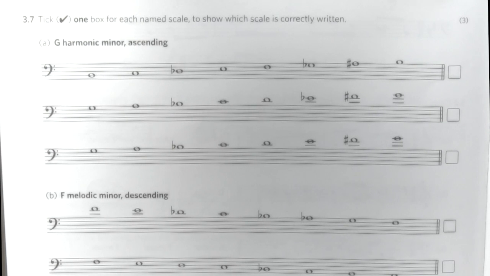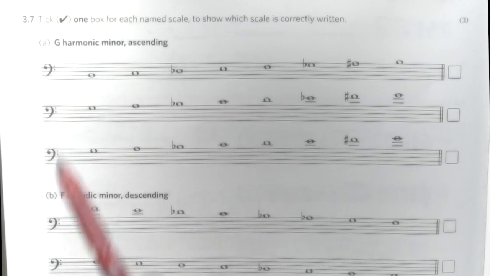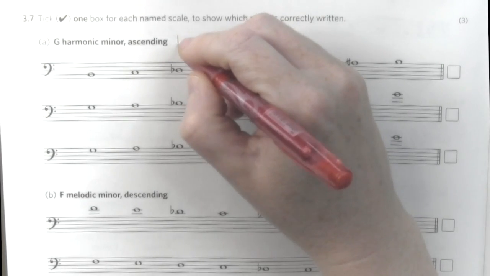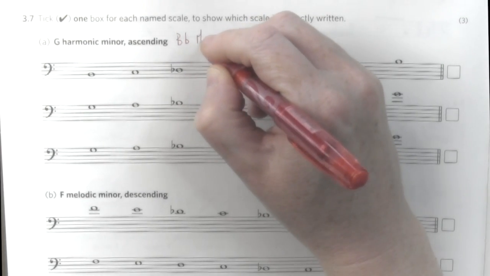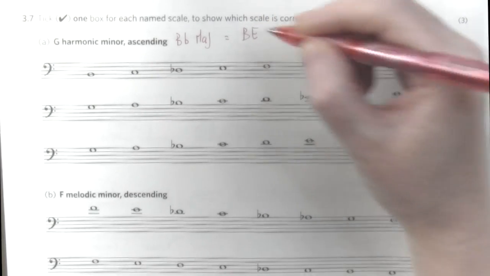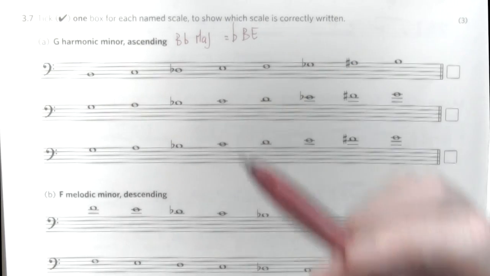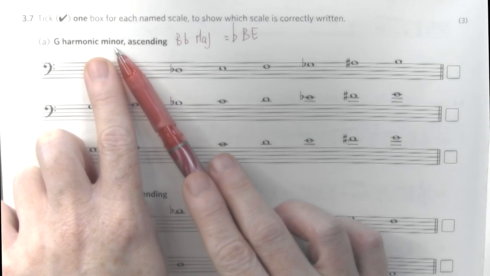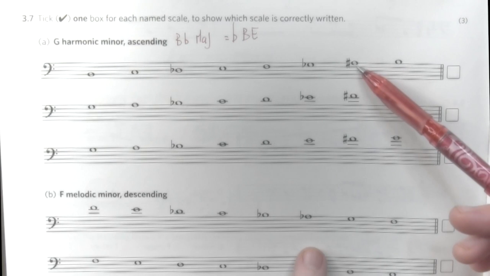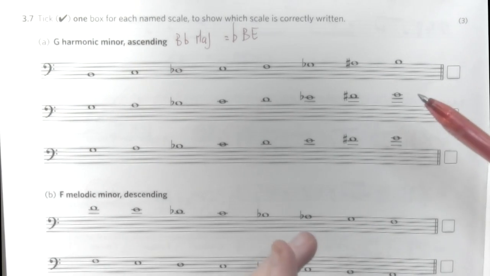In this final question, we need to tick one box that shows where the indicated scales have been written correctly. G harmonic minor. G minor is the relative minor of B flat, and the key signature in B flat is with 2 flats, Si and Mi. Now, this is harmonic, so we must have the 7th degree raised, and all of them are raised.